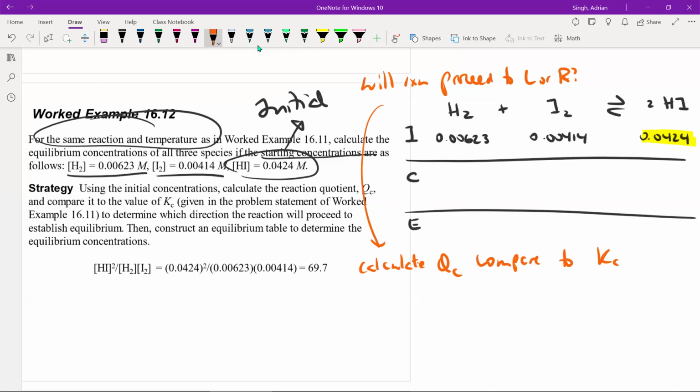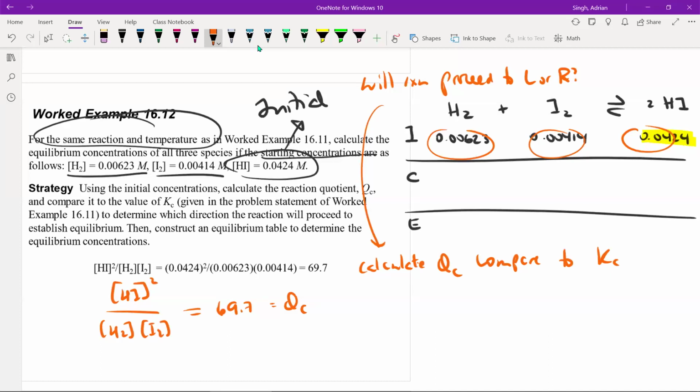When we write out the Qc expression, it's HI squared over H2 times I2. We can substitute those values into that expression, and we end up with 69.7 for the value of Qc.